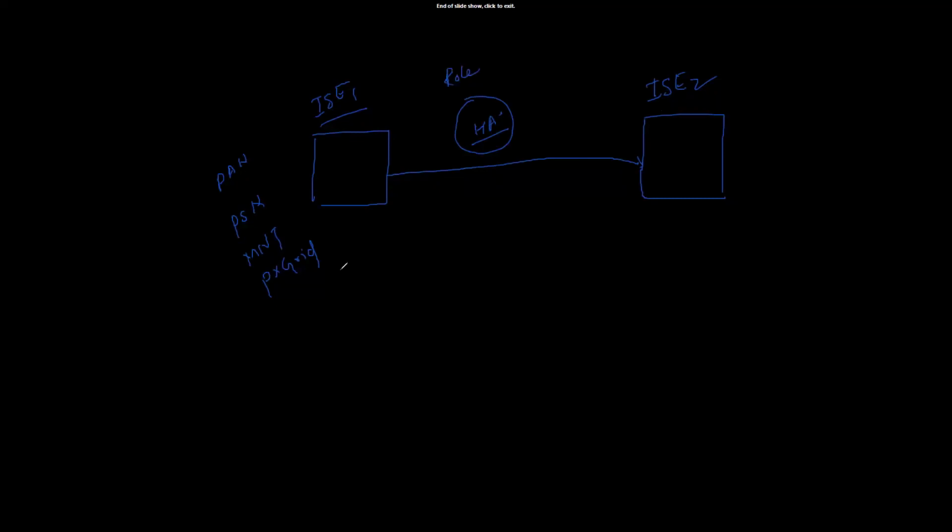Sometimes you are doing a distributed deployment. Distributed deployment means you are not installing all these things in one device, but you are installing them on different devices. So let's say on this ISE 1, you have deployed PAN, you have deployed PSN, MNT, all these things you have deployed, or PX Grid.